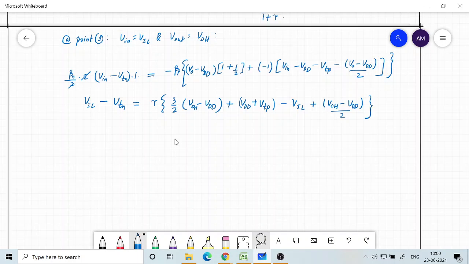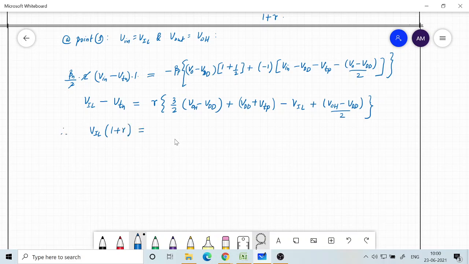Yeah, so that is it. Okay, so there is a VIL on the right and on the left, so you can take it to the other side, so it will become VIL into 1 plus R.